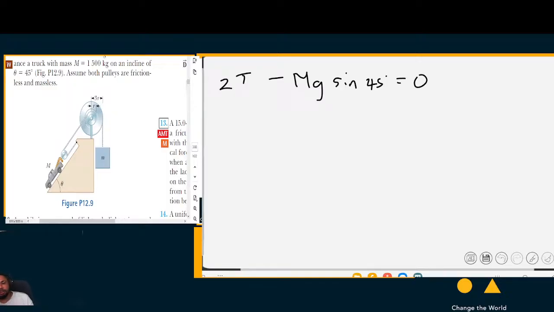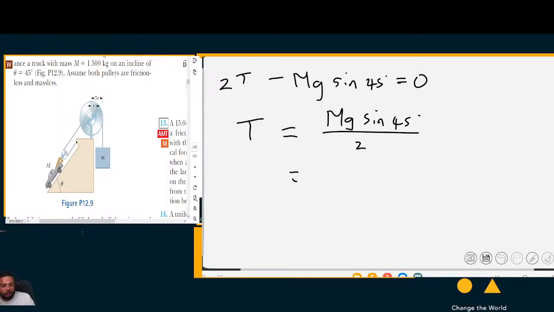The tension is holding it up while the weight at an angle is pulling it down. This is your basic mechanics from last term. So T, the tension, is equal to the mass times gravitational acceleration times the sine of 45 divided by 2, because it's halved by the doubling of the string.